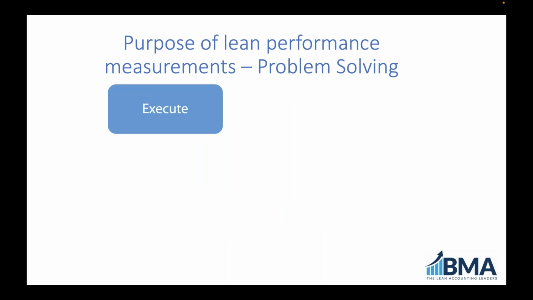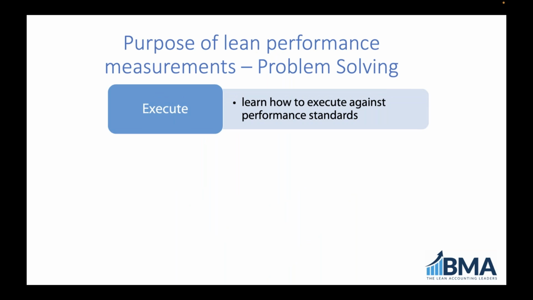Lean performance measurement is about problem solving, okay? And it's also a learning process, because lean is really a learning process. You want teams to learn how to execute against certain performance standards. For example, schedule attainment.